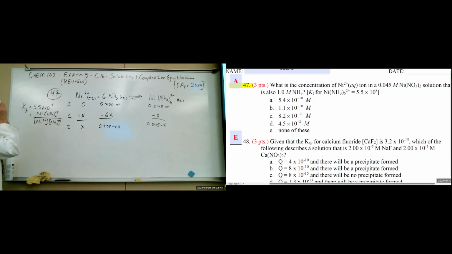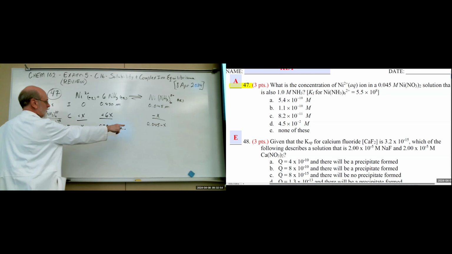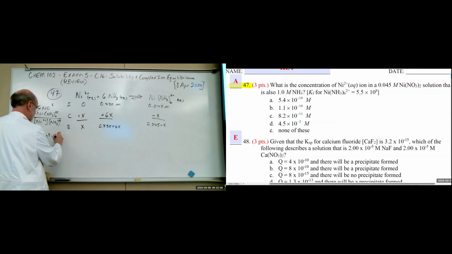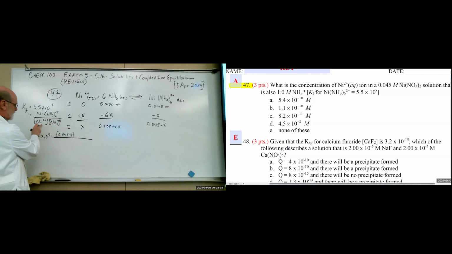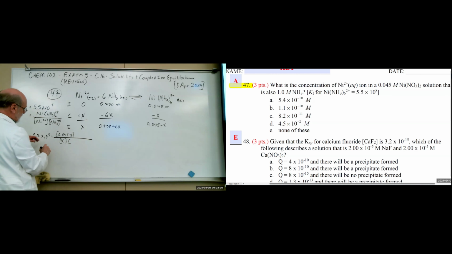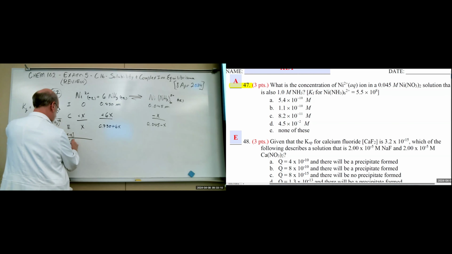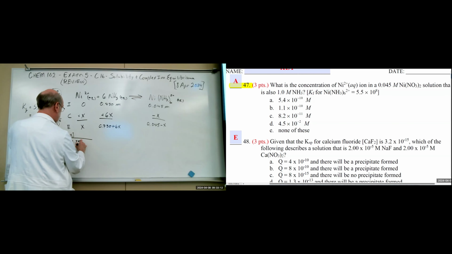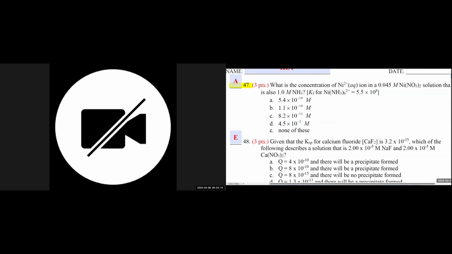Okay, now we can go solve the equation. All right, so 5.5 times 10 to the 8th equals this concentration here, 0.045 minus X, divided by nickel concentration, which is X, and ammonia concentration, 0.730 plus 6X to the 6th power.